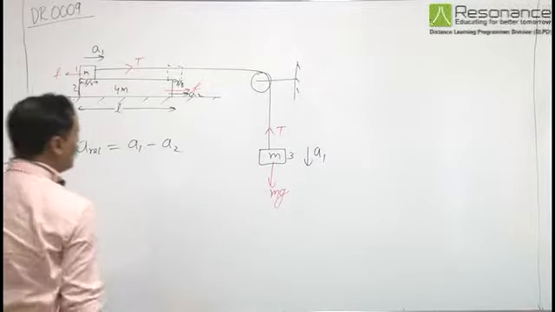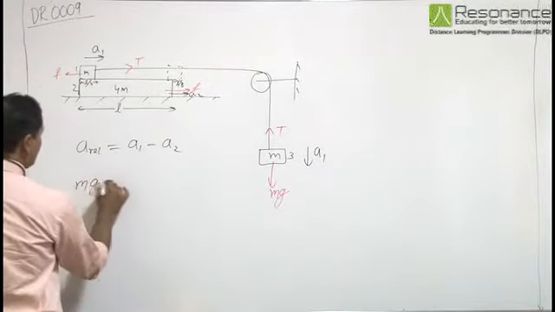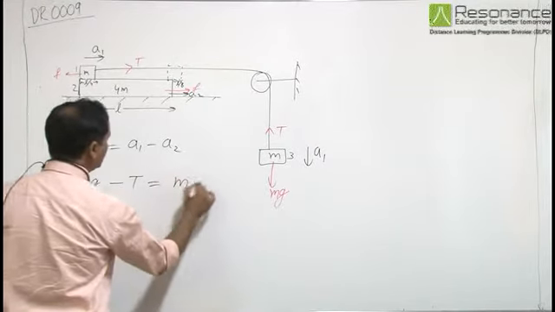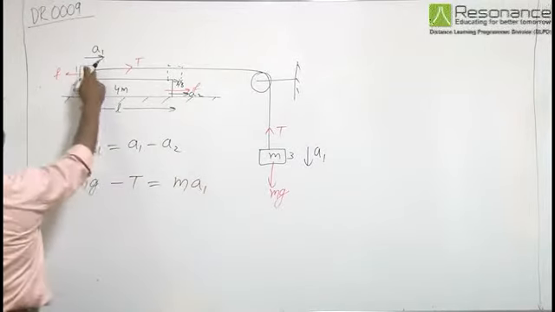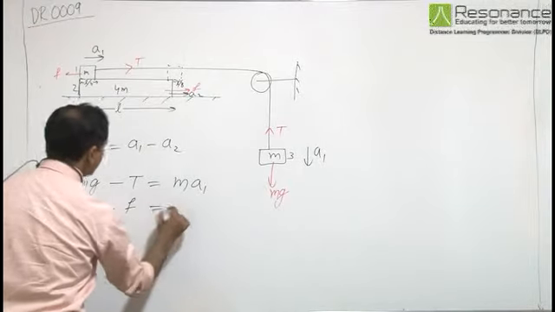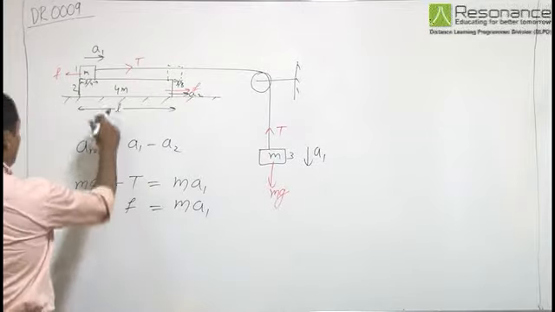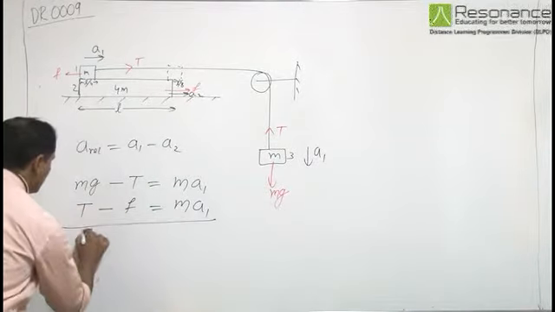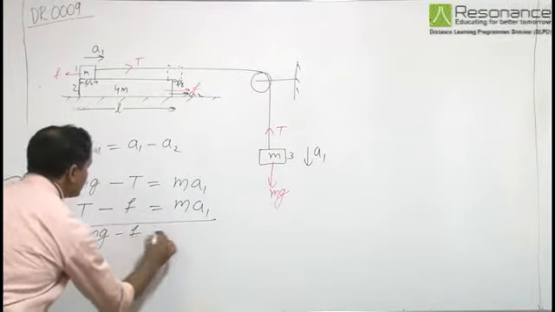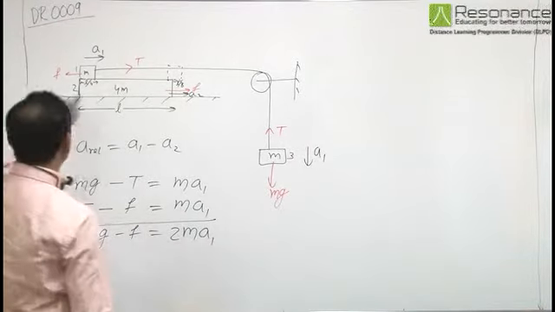Now from the free body diagram, if we write the equations, we can write mg minus T is equal to ma1. Also, T minus f is equal to ma1. So from here we can write mg minus f is equal to 2ma1.